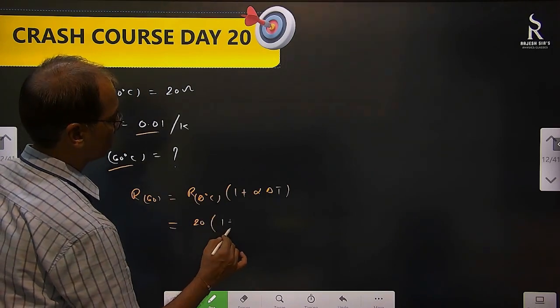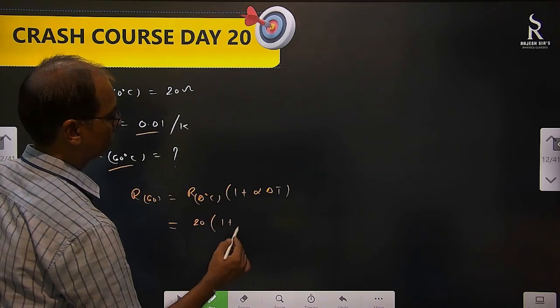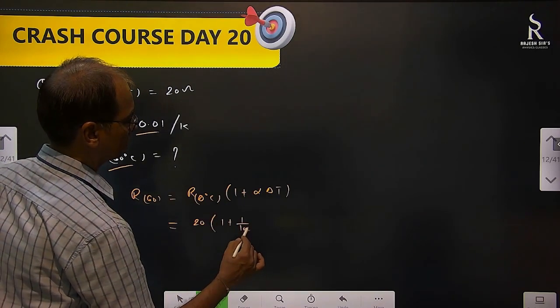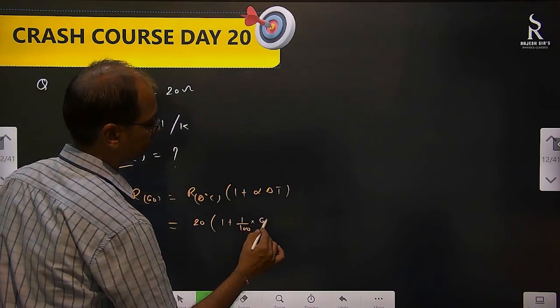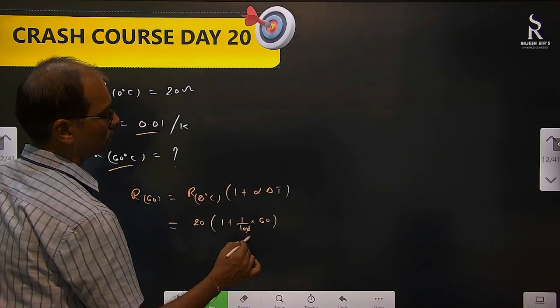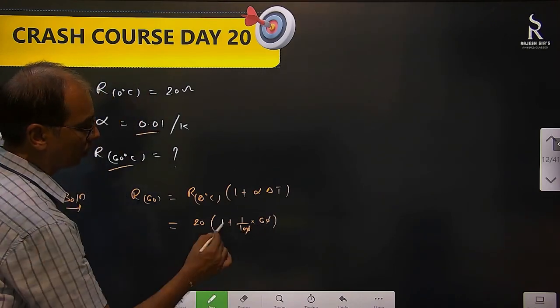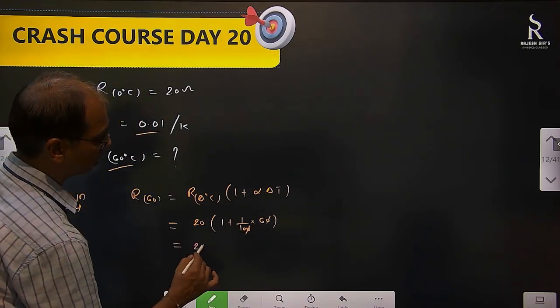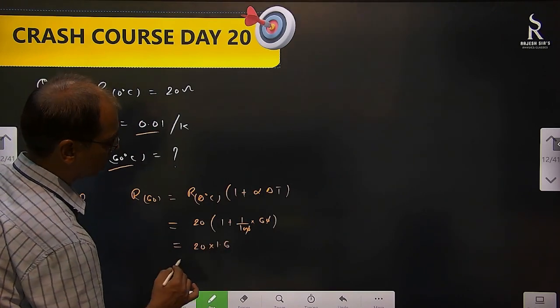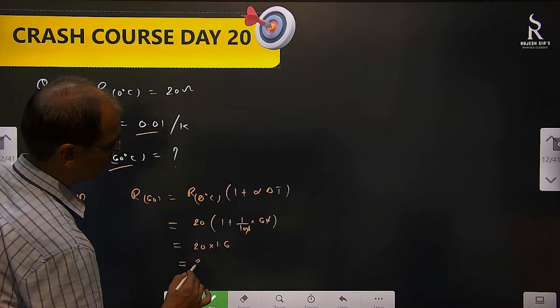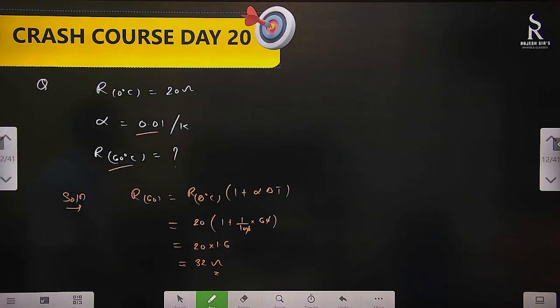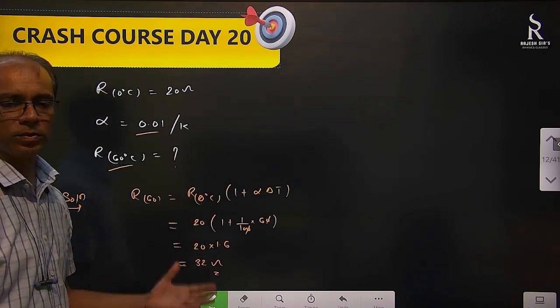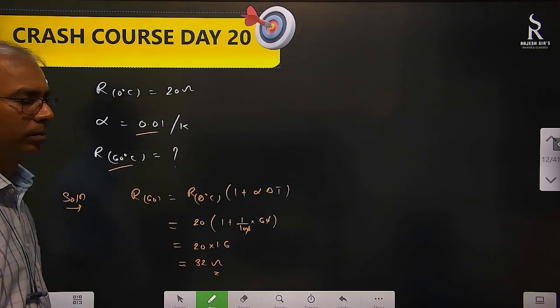This is 1 plus alpha value 1 by 100 into, from 0 to 60, so this is 60. So this is 6 by 10, that is 0.6, 1.6 into 20. That is 32. That's all. Direct formula based question. Put the value, get the answer.